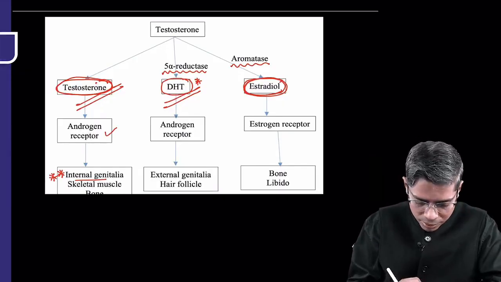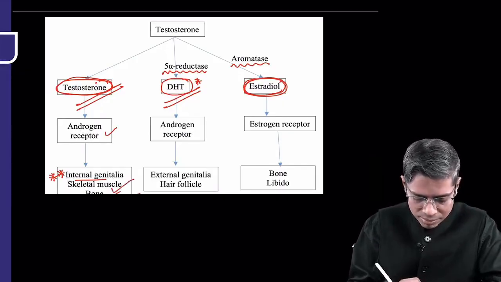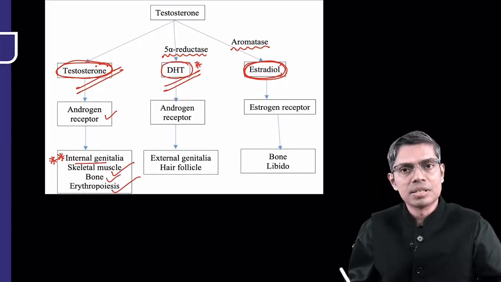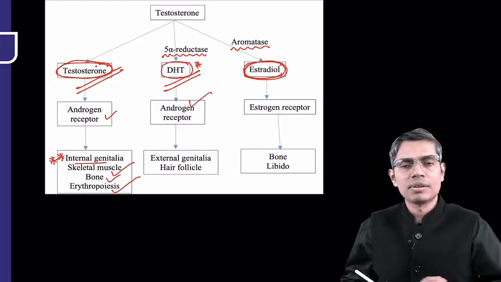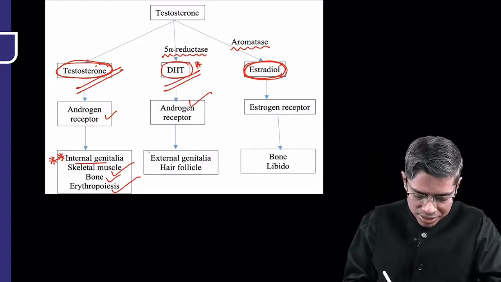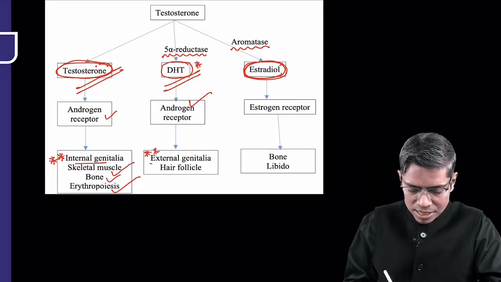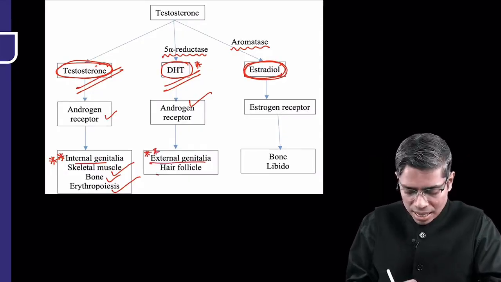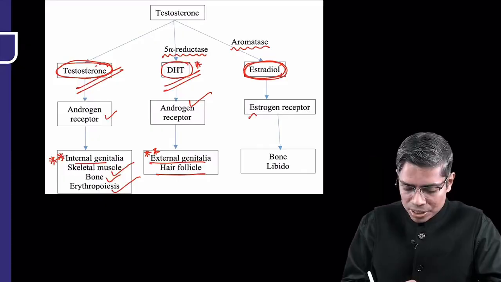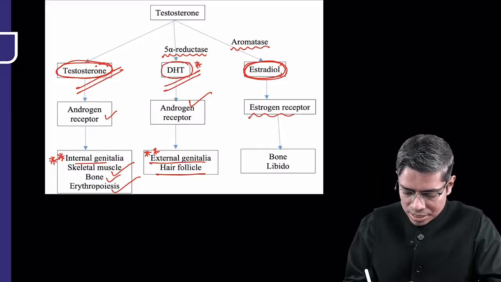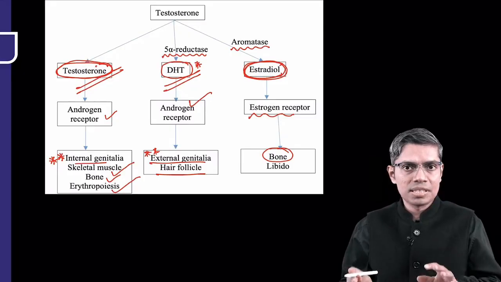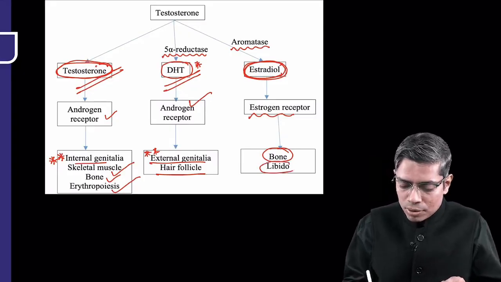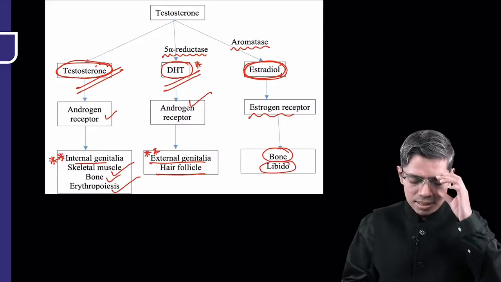Not only that, growth of bone, growth of skeletal muscle, and erythropoiesis all require testosterone. Dihydrotestosterone also acts on the similar androgen receptor, and its action is mainly on external genitalia and hair follicle. And what about estrogen in male? Estrogen is responsible for closure of the epiphysis, so it acts at the level of bone, and it also has an effect on libido. What is that effect?